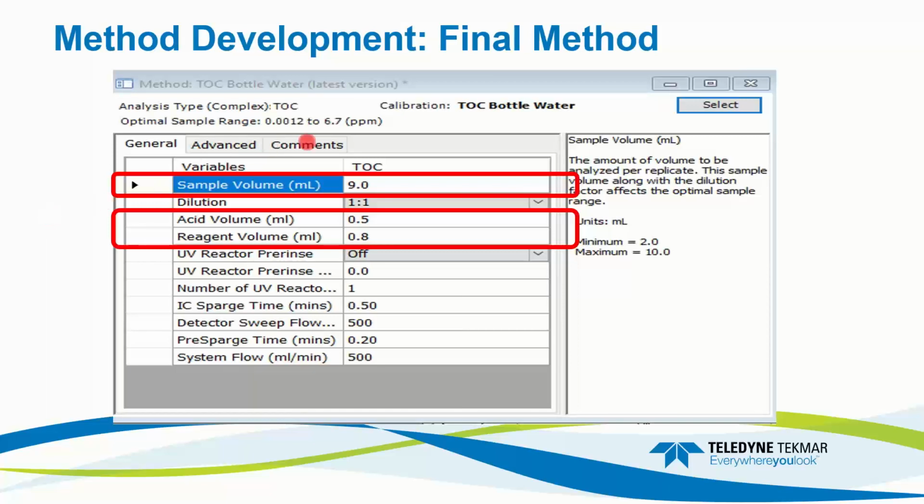And then if you notice up here, as you make changes, the optimum range will actually change for you. So as you make modifications to the method, it will tell you what your optimal range is, so you know exactly what range you want to hit.